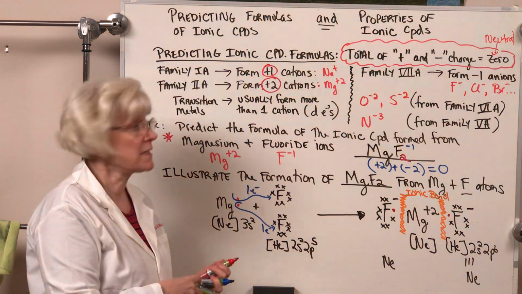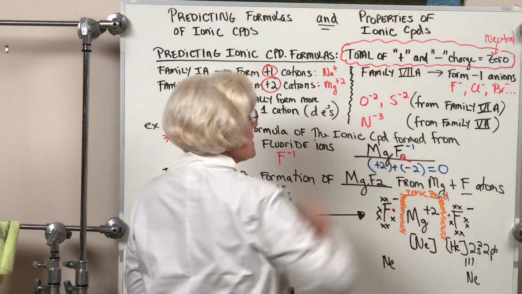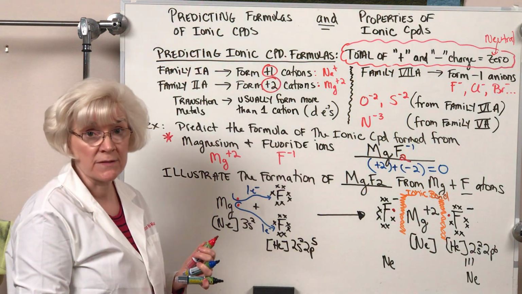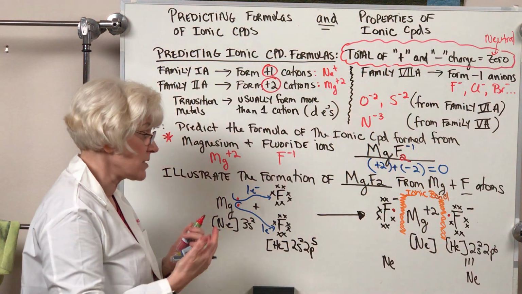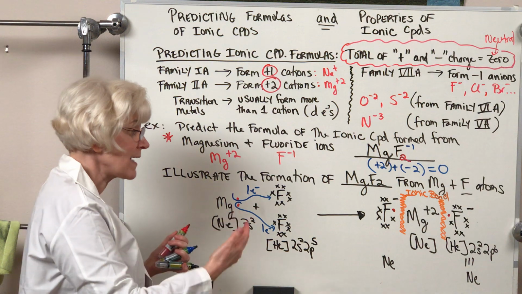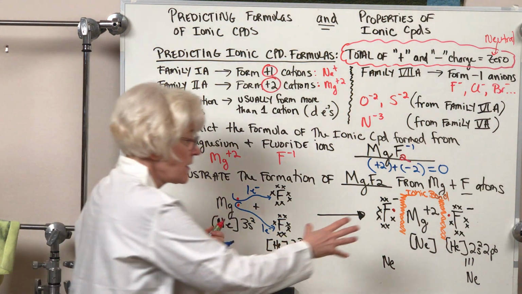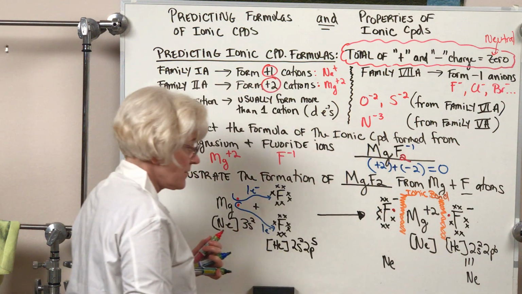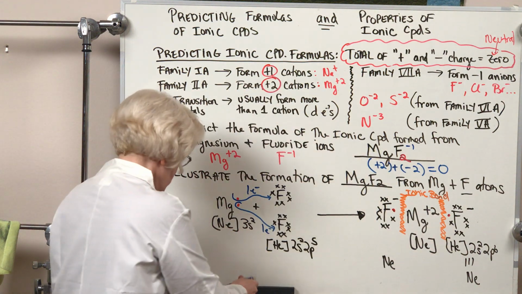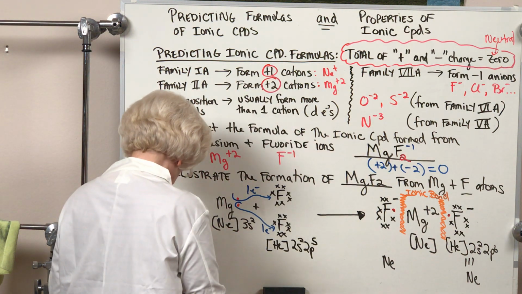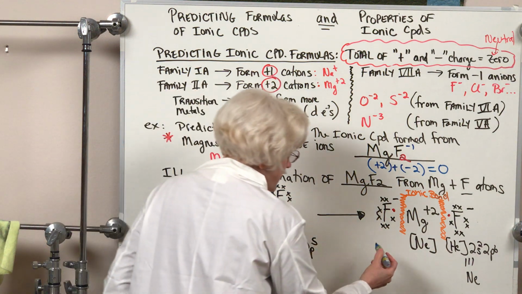Now, if we want to take a look at properties of ionic compounds, we can see that the properties directly result from the nature of the ionic bond. So what do we observe with ionic compounds?